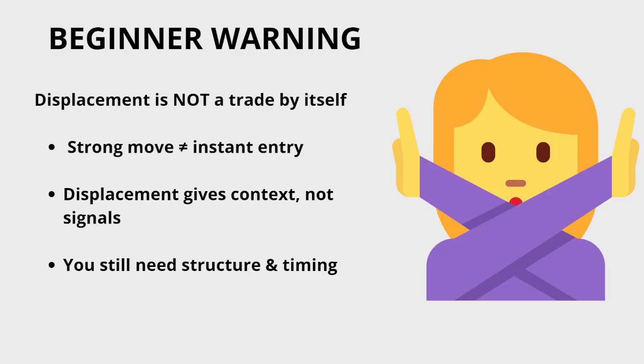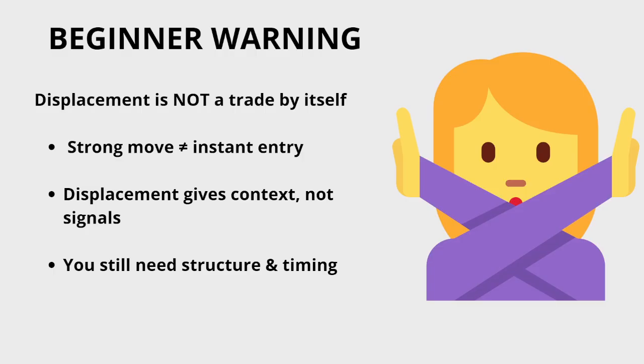Don't go in there, see a strong displacement candle, and begin to start trading price. You start chasing price. That's not the right way to do it. A strong move doesn't mean instant entry, because a strong move can just be a fake out. Displacement only gives you context to what is currently happening, what is currently about to happen.